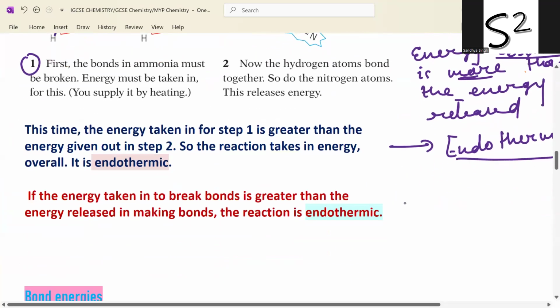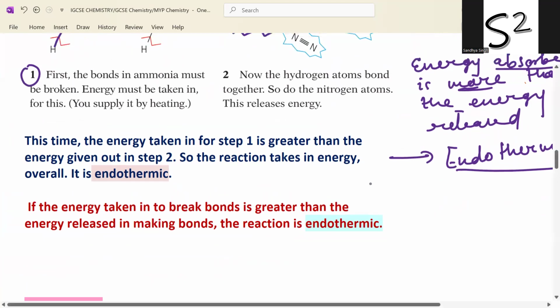Because the energy absorbed during the bond breaking is more than the energy released during the bond formation. So this reaction is endothermic. Energy absorbed is more than the energy released. That's why this reaction is endothermic.